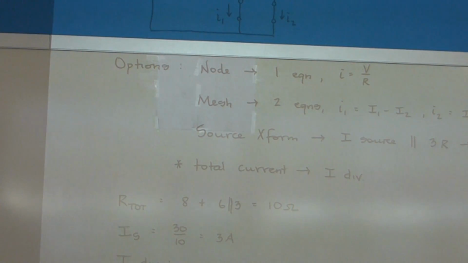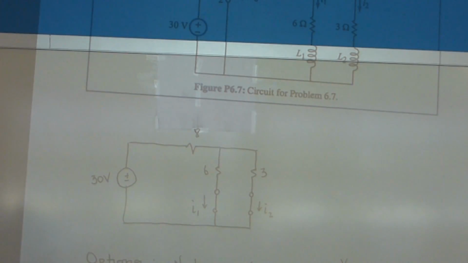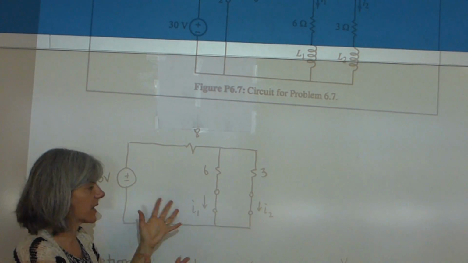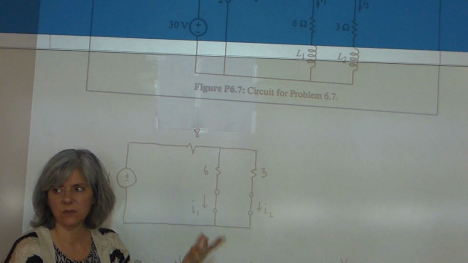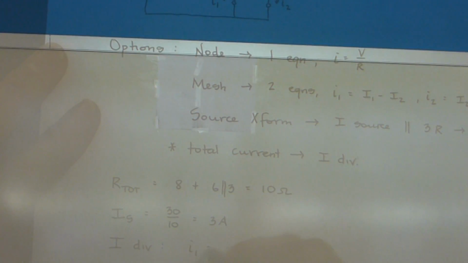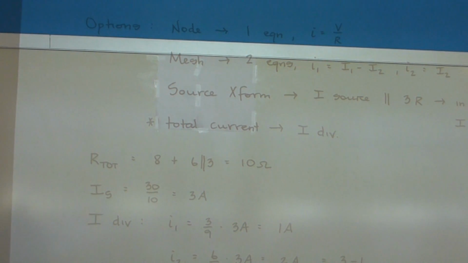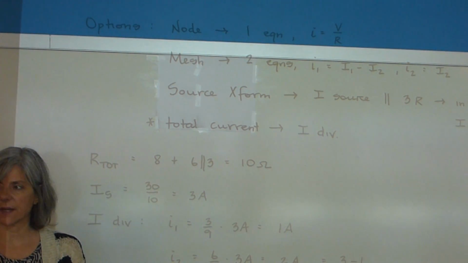But again, part of the reason I can even do it in my head is because I know this one is twice the resistance of this one, so half the current. Right, so I see 1 and 2. But you can also write them out. So current division, I1 is equal to 3 over 9 times 3 amps. And I sub 2 is 6 over 9. Or you don't even need to do that, right? Which is just 3 minus 1.